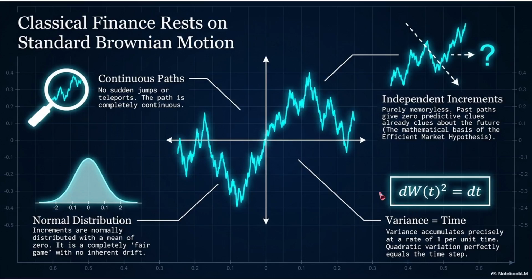Finally, the variance equals time. Our formula in here shows that variance accumulates at a steady, perfectly linear rate of exactly 1 per unit time. This constant accumulation of quadratic variation is what makes the path so incredibly erratic.